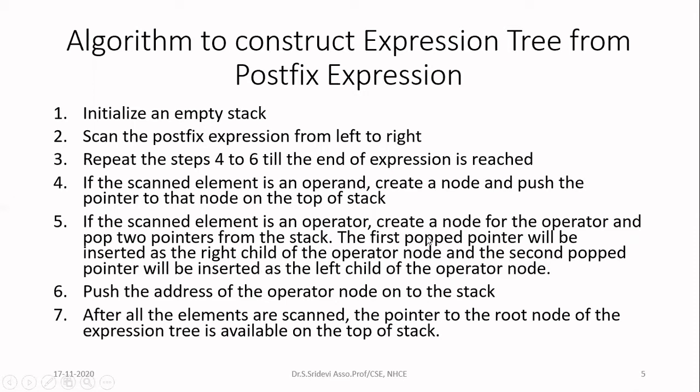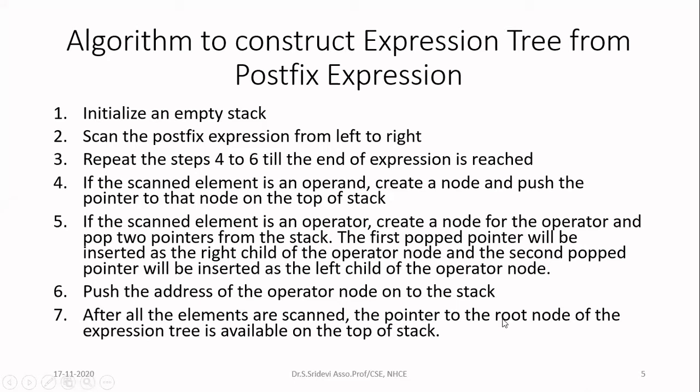And finally, once we insert both the pointers, we'll be pushing the address of the operator node on the top of the stack. And these steps 4, 5 and 6 will be repeated till we reach the end of the expression. Once we reach the end of the expression, we will go to the step number 7. So here we have scanned all the elements from our expression.